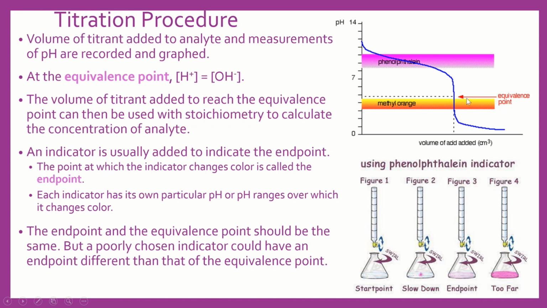If we expect our endpoint to be around 4.5, which of these two indicators would we want to choose? Well, we'll want to make sure we choose methyl orange, because we'll have a color change right around where we expect that endpoint to be.